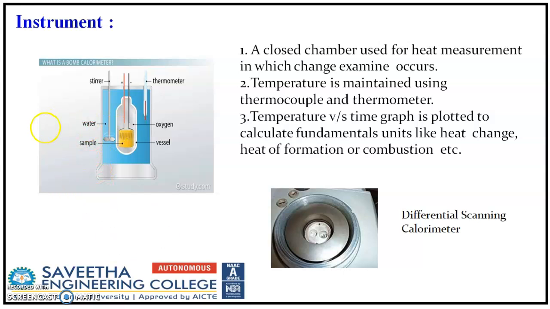The fiber rings in the calorimeter help to hold the inner vessel hanging in the center of the outer vessel. It also has an insulating outer cover or lid with holes for attaching the stirring rod and the thermometer. And this is the advanced differential scanning calorimeter.